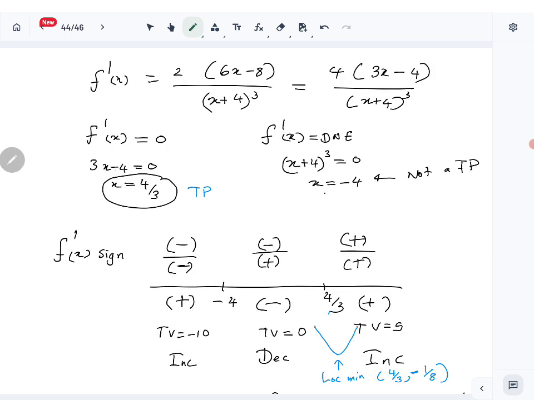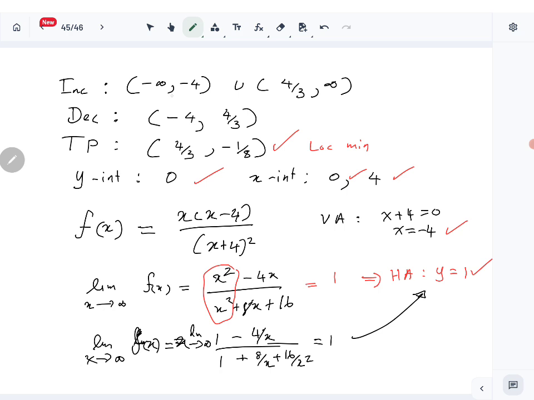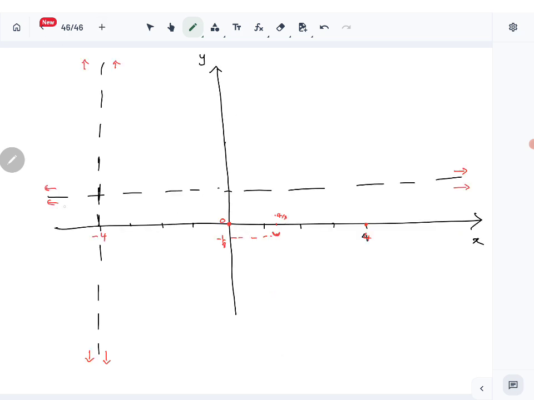First we'll look at from where? What happens from negative infinity to minus 4? Increasing. Negative infinity to minus 4 increasing. So which two arrows do I need to connect? These two or these two?